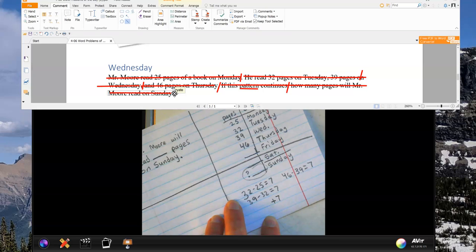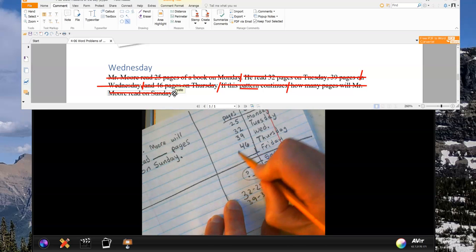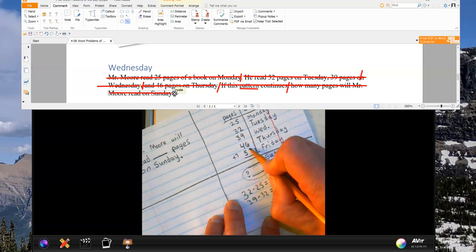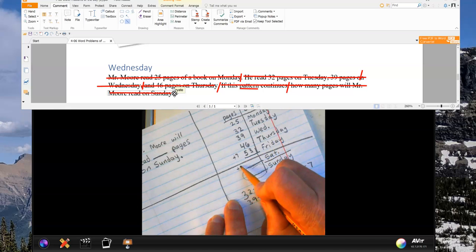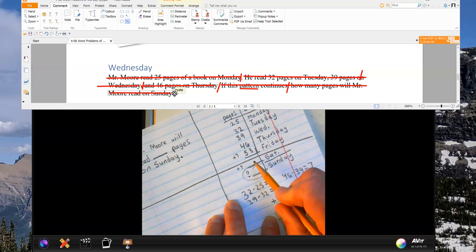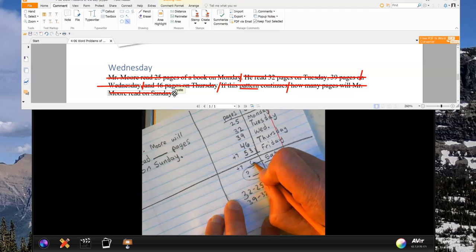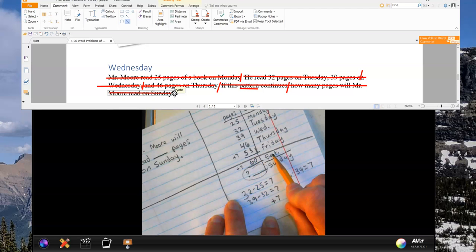So I'll solve by filling in the table here. 46 plus 7 is going to equal 53 for Friday. I got a little messy here because I started writing some lines, which I really didn't need to because I have lined paper. But 53, and then I'm going to add 7 more, is 60 for Saturday.